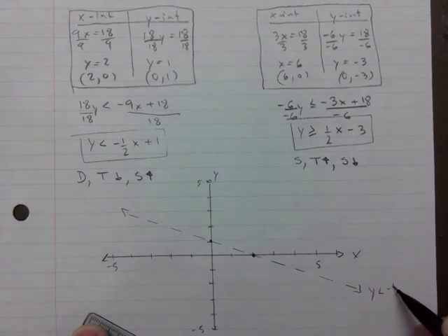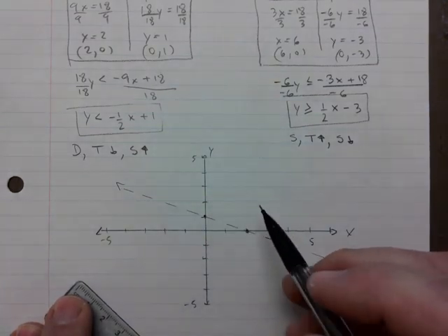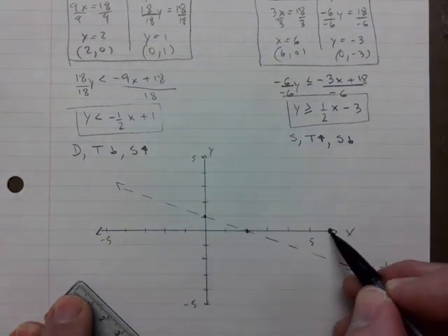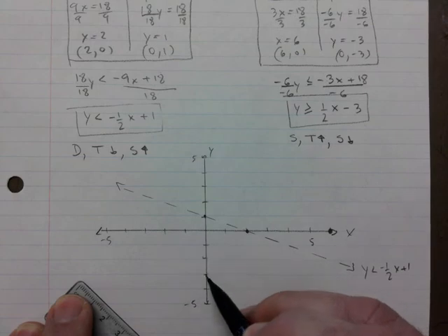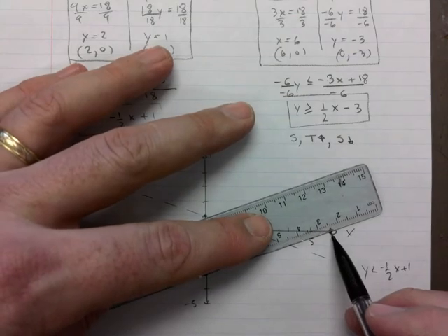y is less than -1/2 x plus 1. And the other one is (6, 0), way out here, and (0, -3). And my slope is positive, so I do expect it to go up. And that one is a solid line.